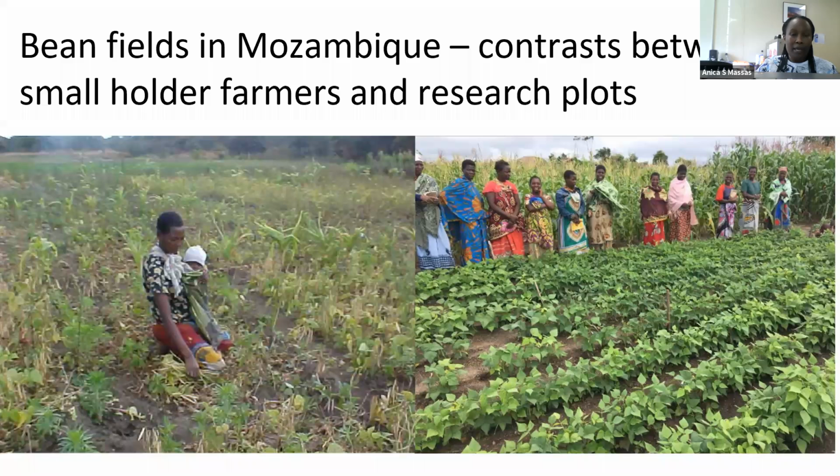And we see here that there is one woman on the left side. She has a small baby, and she has to take care of the family, the house. At the end of the day, she has to take care of the field. As a result, she cannot do all the work.